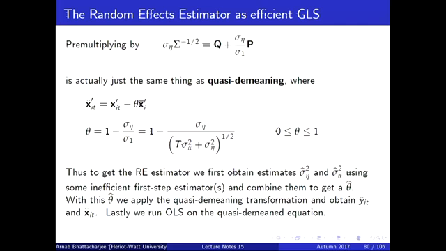Then we looked at only the between variation and exploited that, and that gave us a between estimator. Random effects is something which uses both the between and the within variation. It is still making full use of the between variation, and in the context when it is valid, it is a very efficient estimator. It is the most efficient estimator.